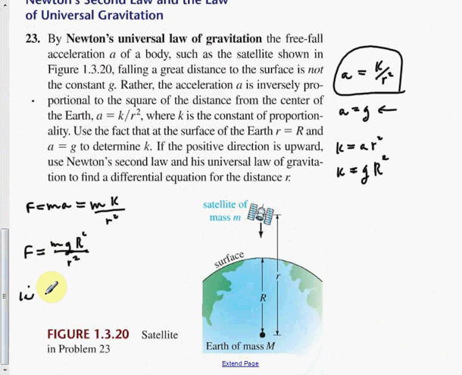And so that is that this mass, and since they're dealing with everything with respect to r, this becomes d squared r over dt squared is equal to, let's see here, if the positive direction is upward, that becomes negative, negative mg R squared all over little r squared.